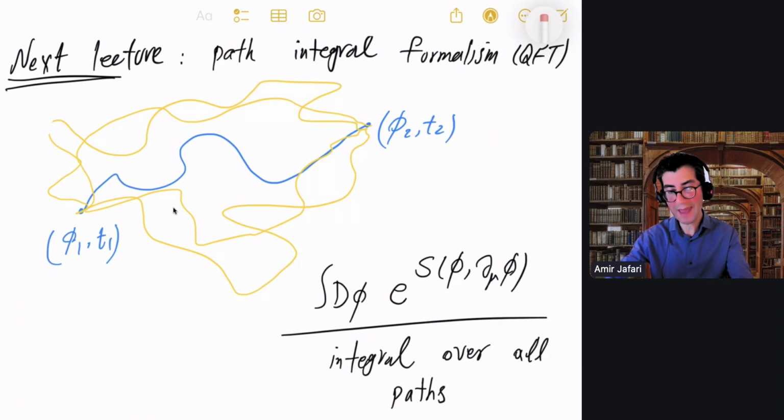However, I should add that conceptually, quantum field theory is not difficult to understand and to learn. In fact, if you have learned non-relativistic ordinary quantum mechanics, then there is no obstacle. There is no reason that you shouldn't be able to learn quantum field theory.